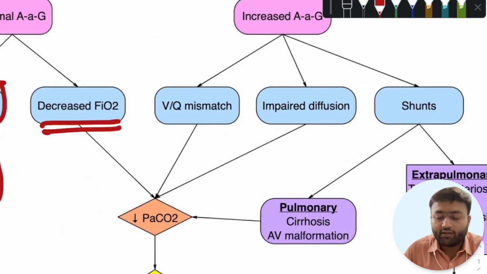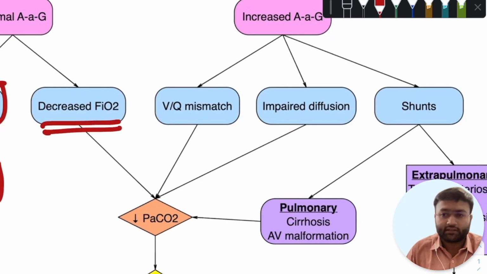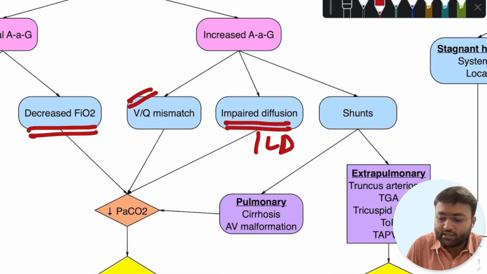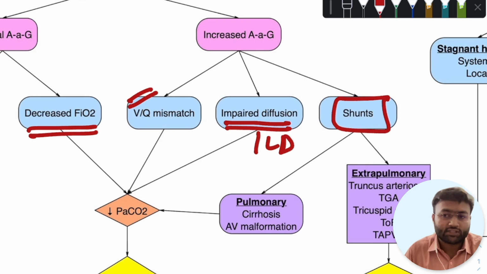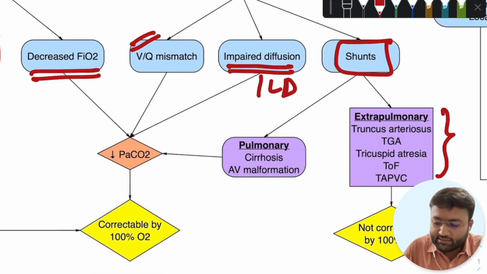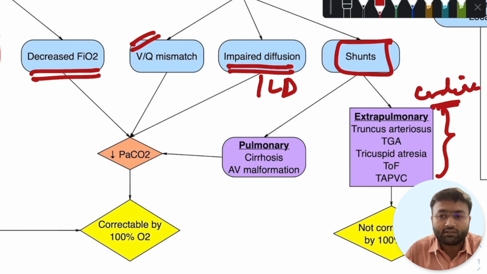Then if the alveolar to arterial gradient is increased, think of three basic etiologies, that is VQ mismatch, in which there is perfusion of under ventilated alveoli, or there is impaired diffusion like in interstitial lung disease, or the presence of shunts. Shunts are of two types. One is pulmonary, the other is extrapulmonary. Extrapulmonary means it is generally cardiac in nature.